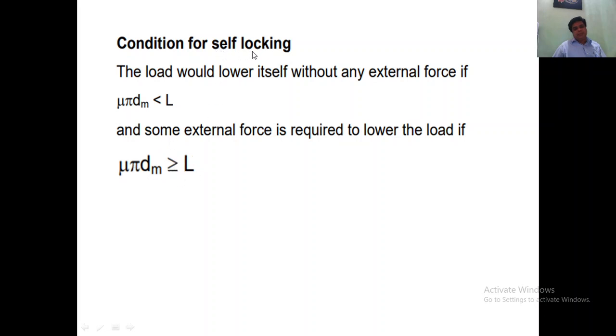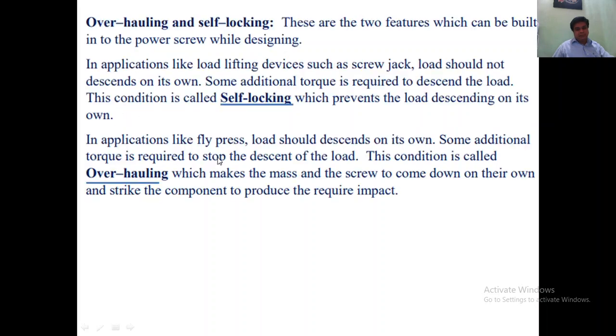As the name indicates, self-locking means whatever load has been raised by applying the torque on the power screw will remain at that particular position without coming down, without lowering the load. For the self-locking condition, we have to satisfy this particular equation. You will see this in detail now.